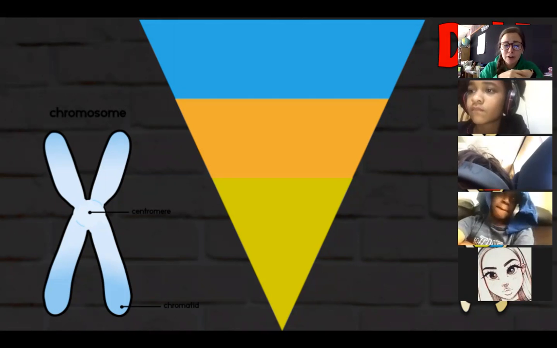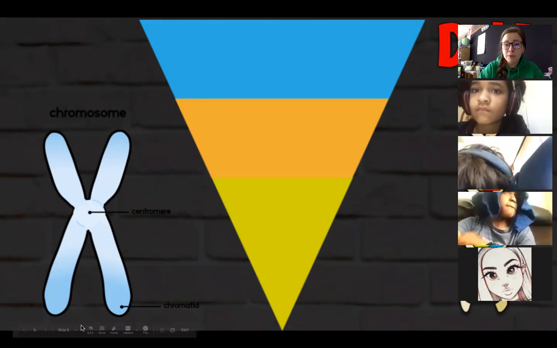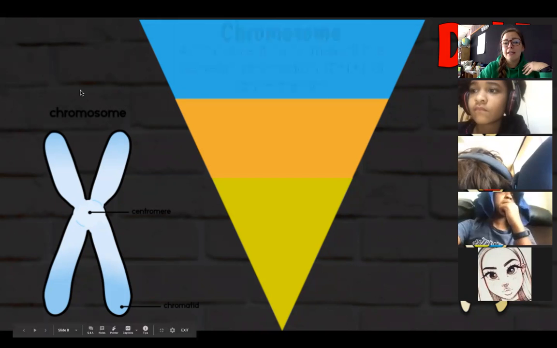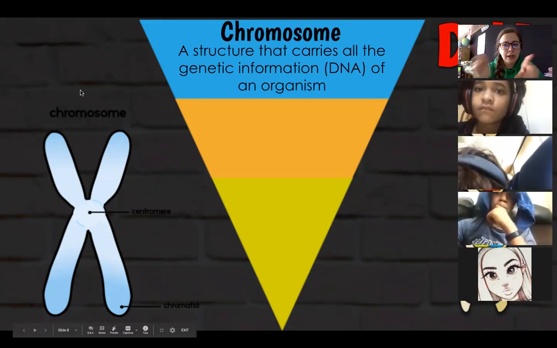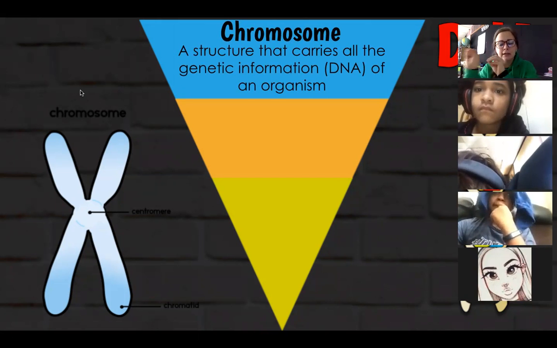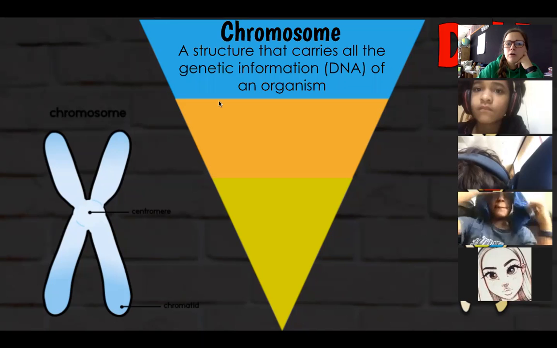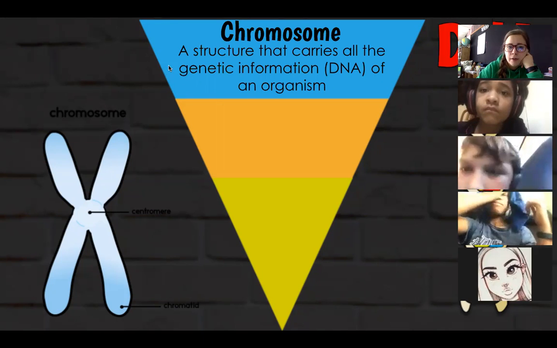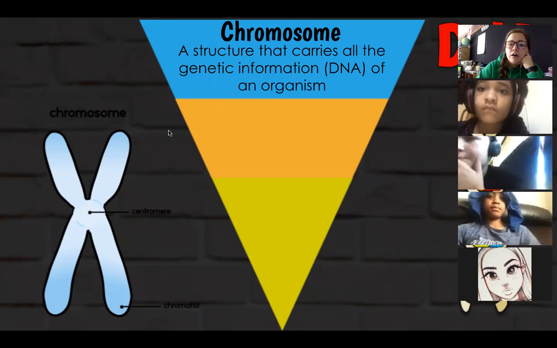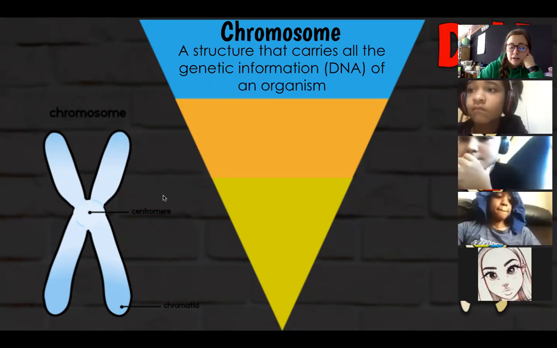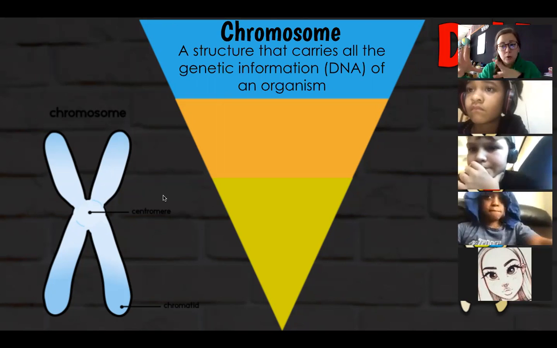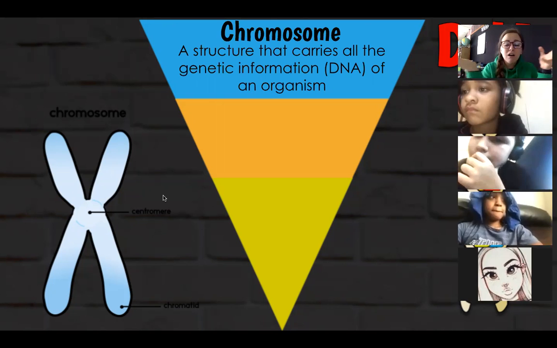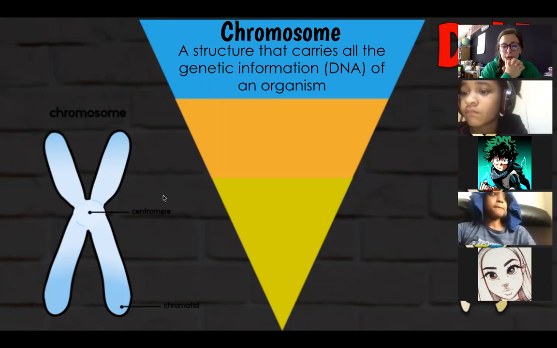So in each of our cells, we have what's called chromosomes. Remember that this is in the chat, so you just copy and paste it into your notebook. A chromosome is a structure that carries all the genetic information of DNA of an organism. So it carries all the DNA pieces of an organism.